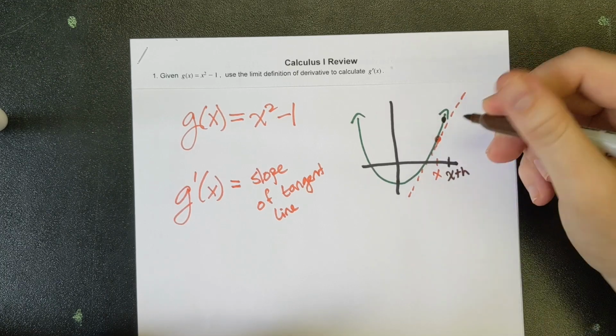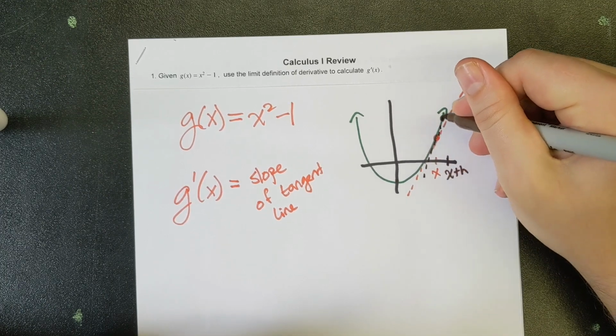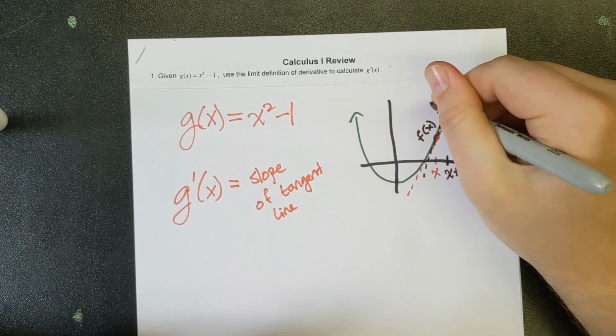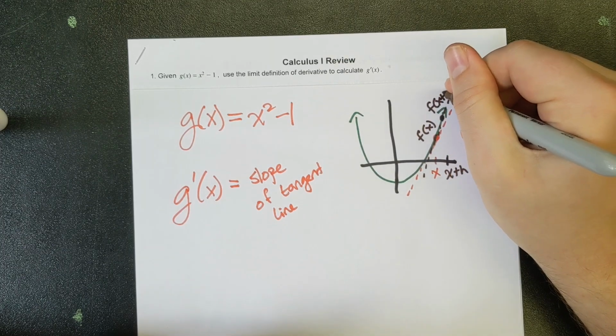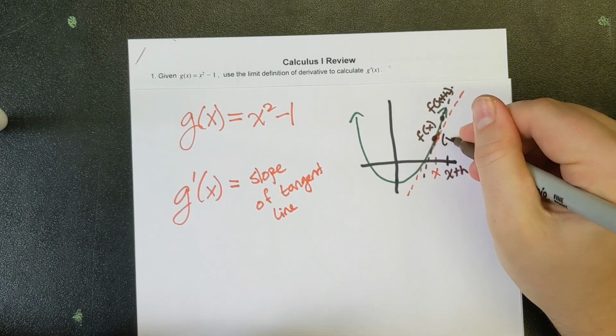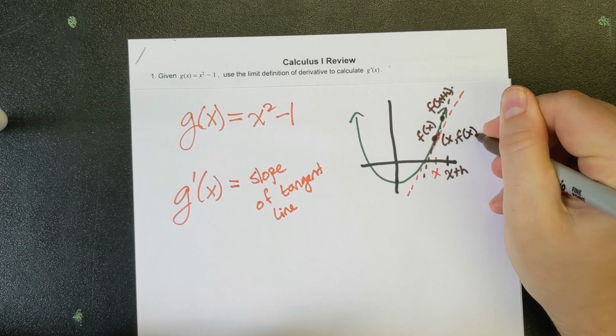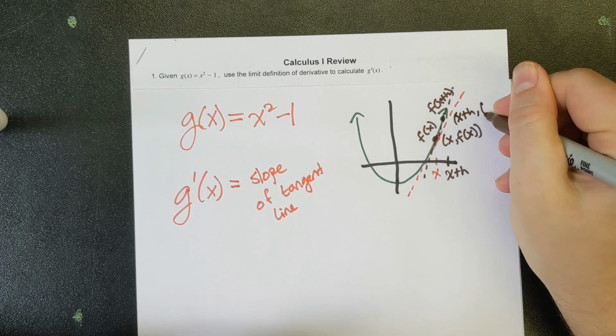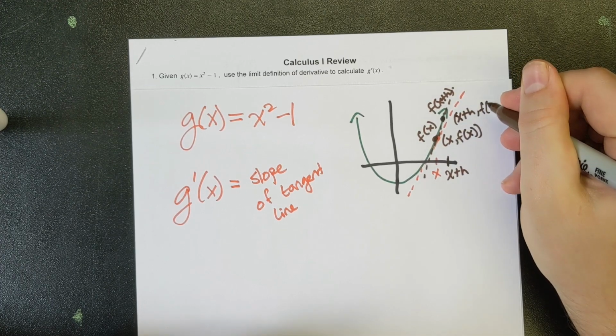You can go up and you can draw a secant line, a line that passes through both f of x and f of x plus h. So this right here is the coordinate x, f of x, and this right here is the coordinate x plus h, f of x plus h.